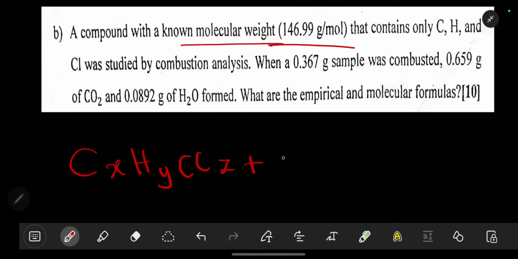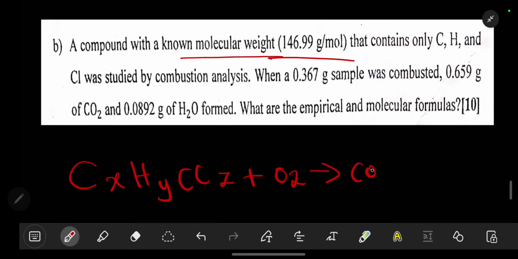If this is combusted, meaning to say it is burnt in oxygen to produce carbon dioxide and water only, and these are the only products, now from the law of conservation of mass, mass can neither be created nor destroyed. That means if you have carbon in carbon dioxide, it is coming from exactly the amount of carbon that was present in the compound.